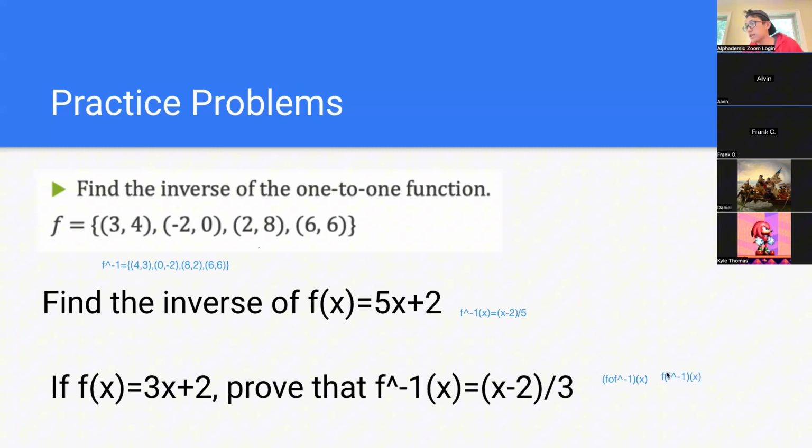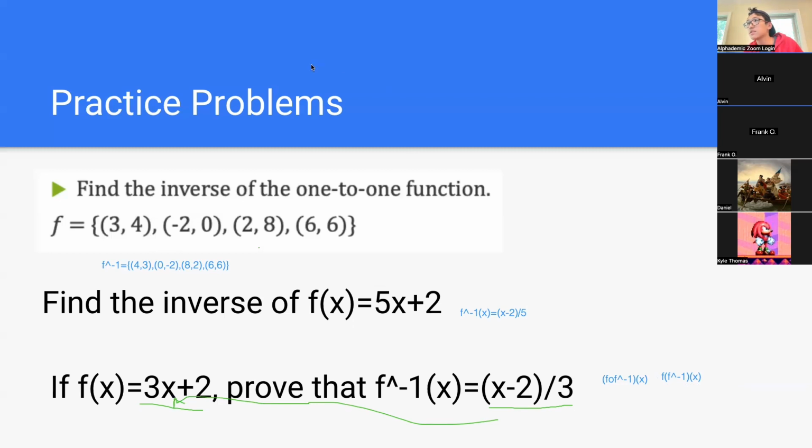Again, in this case, I'll just do one of them as an example. You would plug in this entire equation for x. So you would take this entire equation and plug it into x.